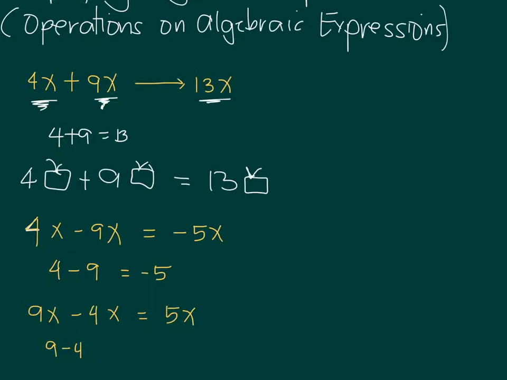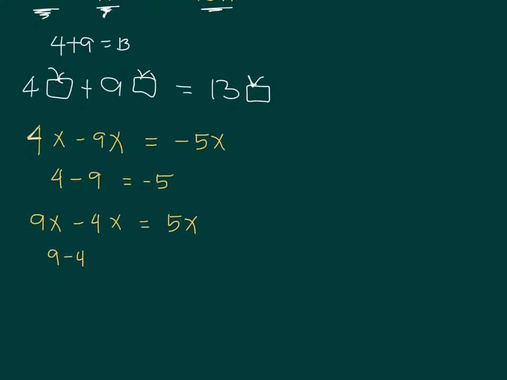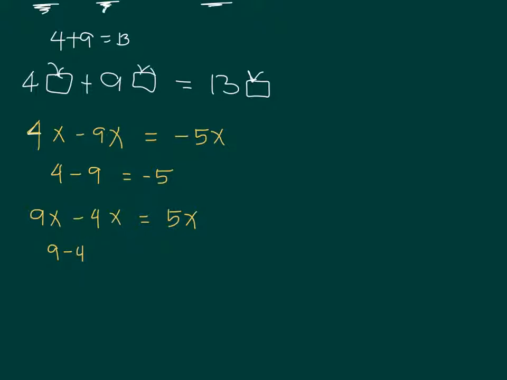So, some notes. Keep in mind that we can only add expressions when they have the same variables. So for example, if I have 4x plus 9y, I can no longer combine these two because this is x and this is y. You can think of it as 4 apples and then 9 oranges.